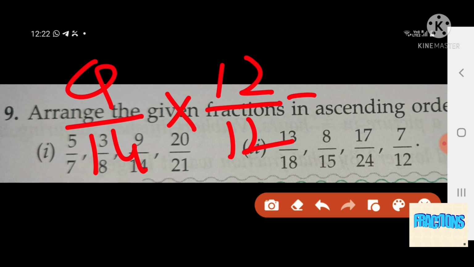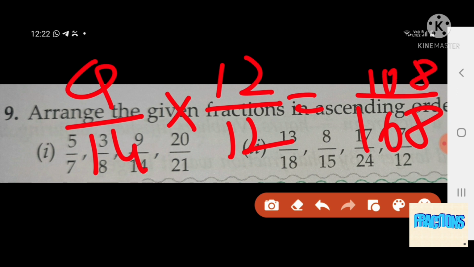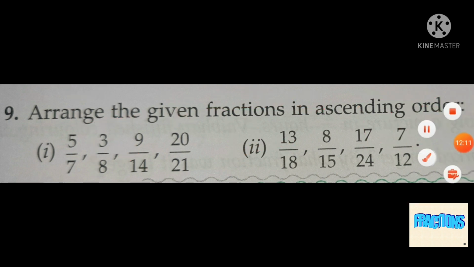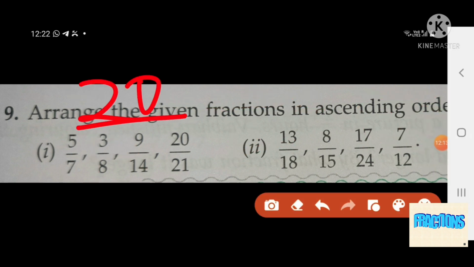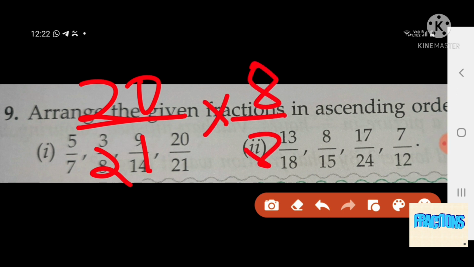It will be 108 upon 168. Okay, now let's do the last one. 20 upon 21 multiply by 8 upon 8 equal to 160 upon 168.